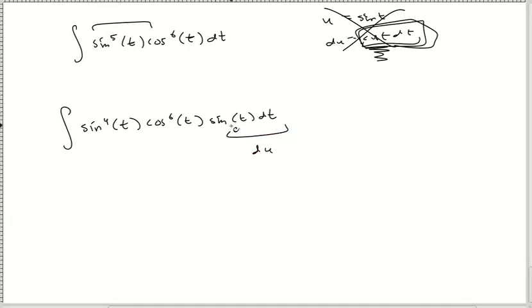Well, sine does not derivative to sine. Cosine goes to a sine. So I want a lot of cosines. I like this, but this is still not exactly right. Good thing we had the Pythagorean theorem stuff like that. So this is technically a sine squared, cosine to the 6, sine dt.